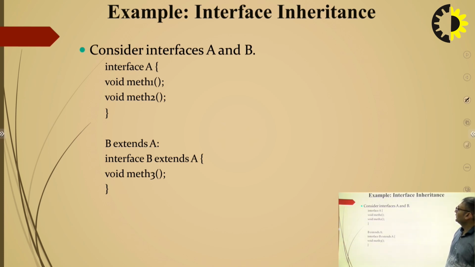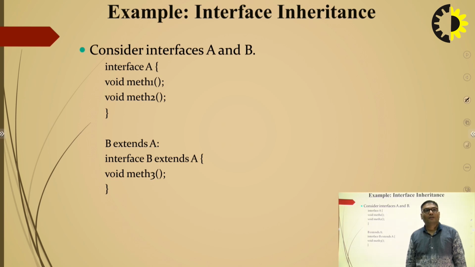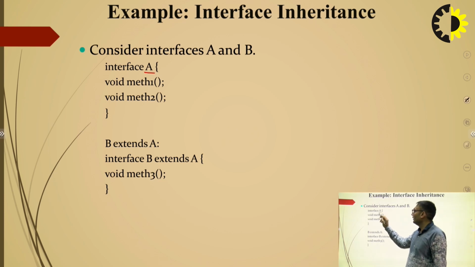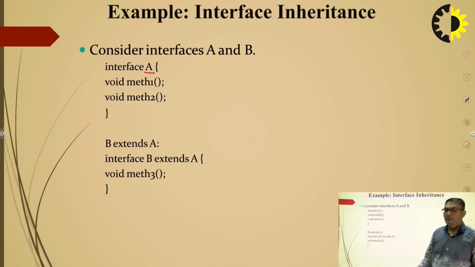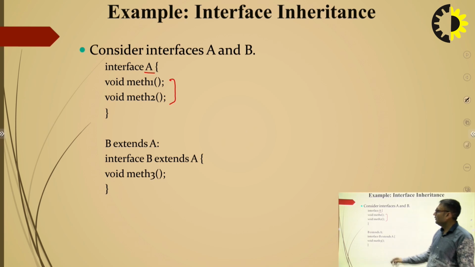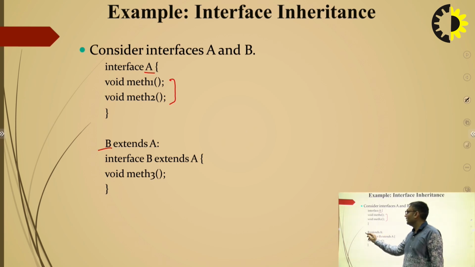Now let's see another example of interface inheritance. As we know, one interface can extend another interface. So there is an interface A, and there are two methods that don't have a body. B is another interface.